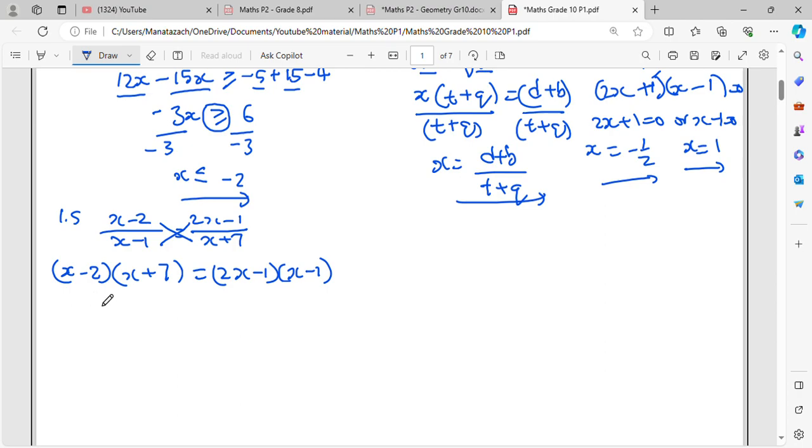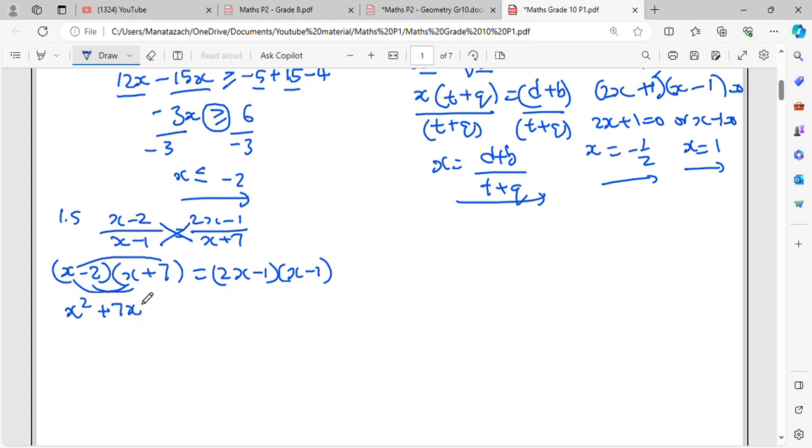Now from here, we're just going to multiply. x squared. X times x is x squared. And then the middle term, x times 7 is 7x.